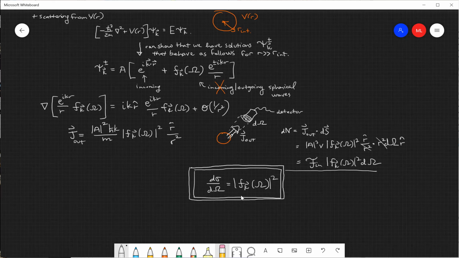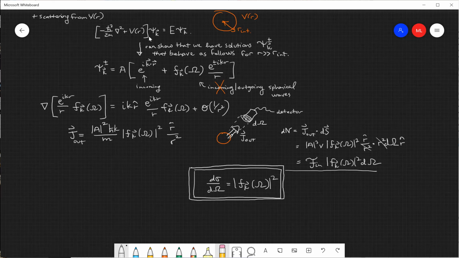And so this notation tells you a lot. It says there'll be an amplitude, it'll depend on the incoming momentum, and it'll depend on the angle at which you're looking. And again, it all just comes from a particular solution of the Schrodinger equation. There are going to be these solutions for any kind of incoming momentum that we have.